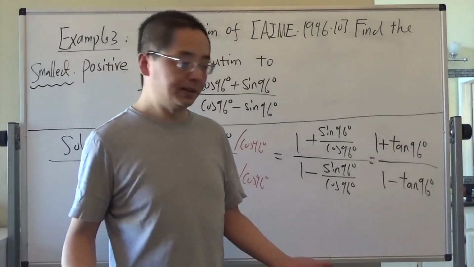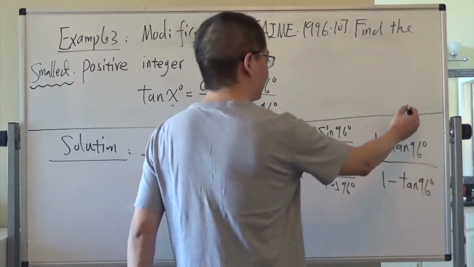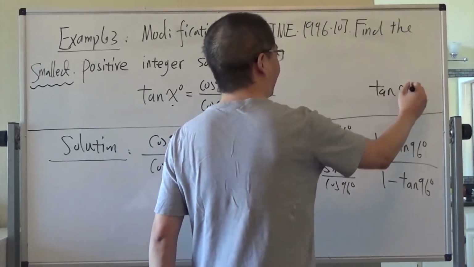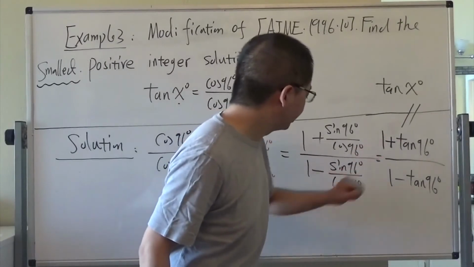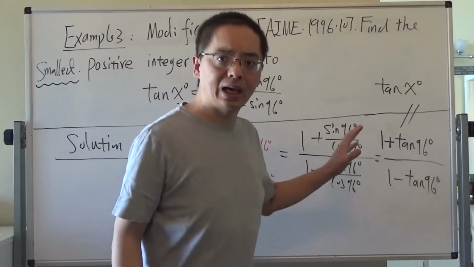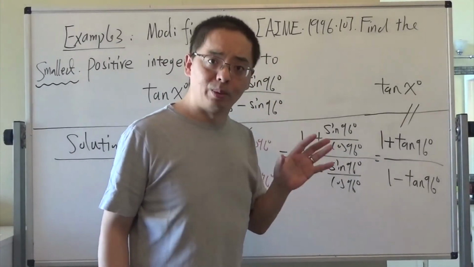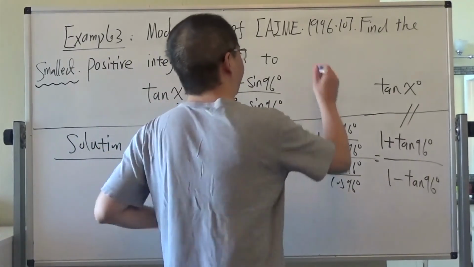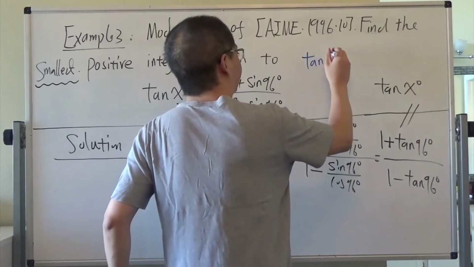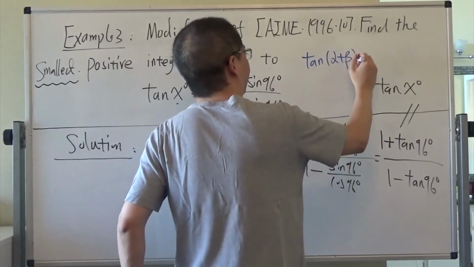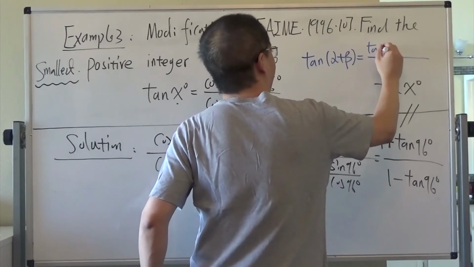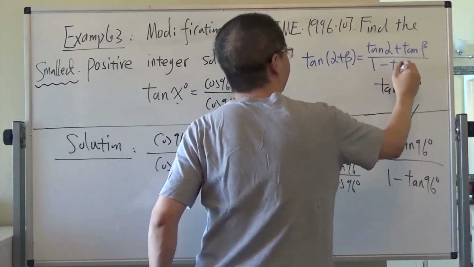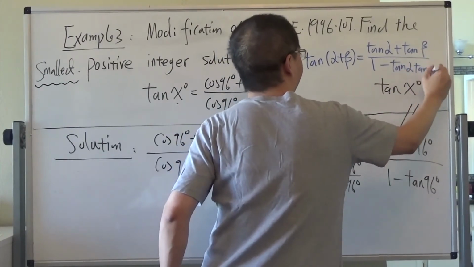Alright, what's next? The goal is to write this as the tangent of an angle x. When we look at this, we say, wait a second, this is kind of like the sum formula for the tangent function. Let's recall the sum formula: tangent of alpha plus beta equals tangent alpha plus tangent beta over 1 minus tangent alpha times tangent beta.